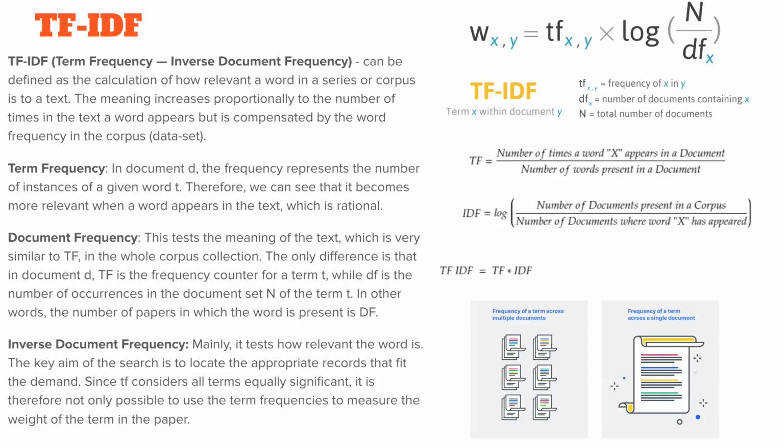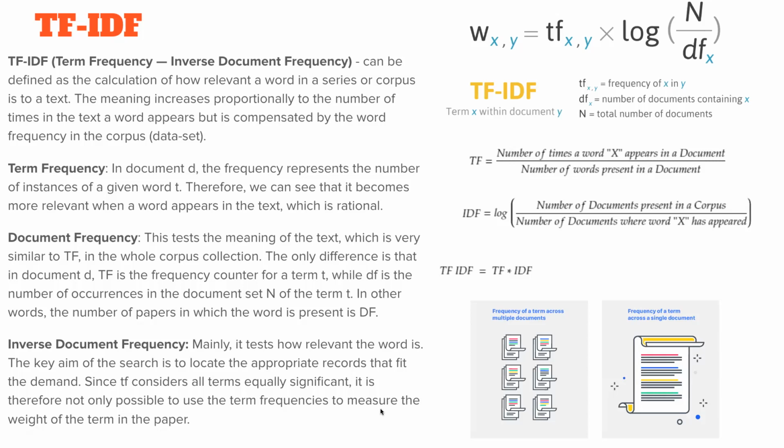Now, document frequency is that maybe a term appears 100 times in the broader corpus, but if that keyword appears in a small number of documents and not all documents, it is going to have a low document frequency. It means that that keyword is only important for some documents and not others. This is why we also calculate inverse document frequency.